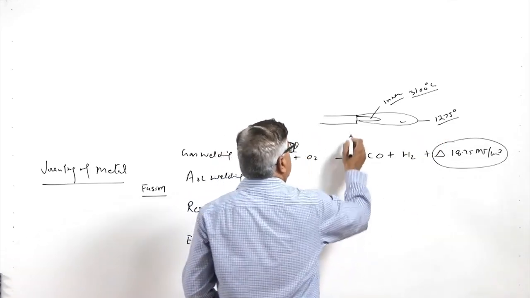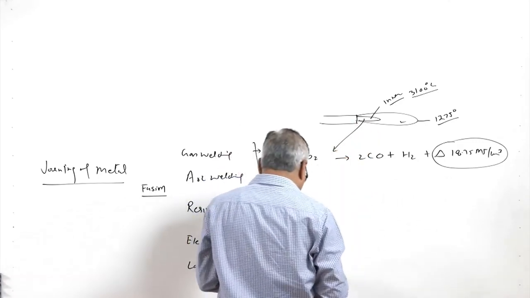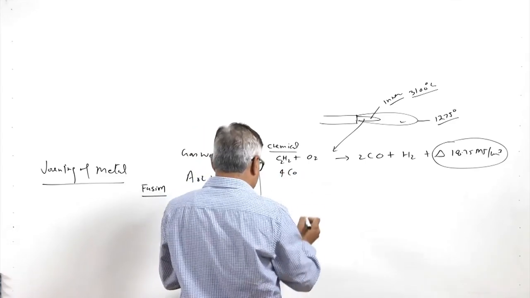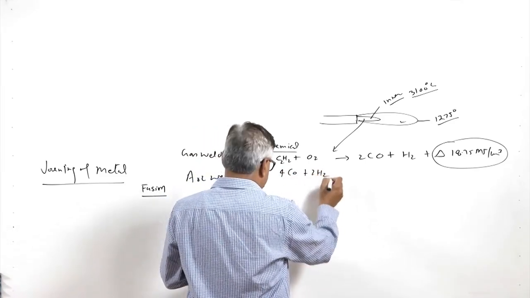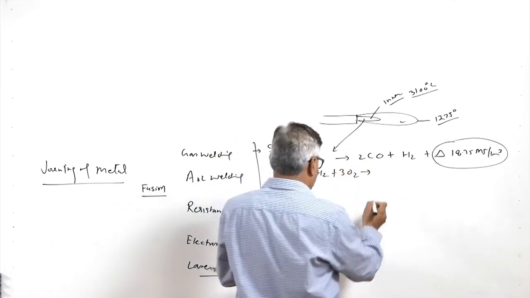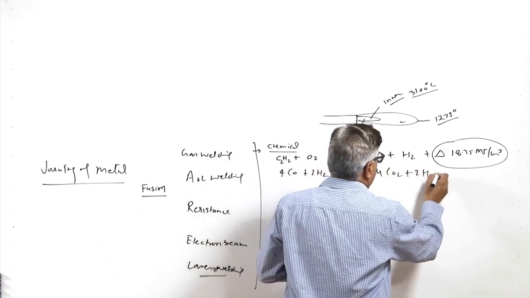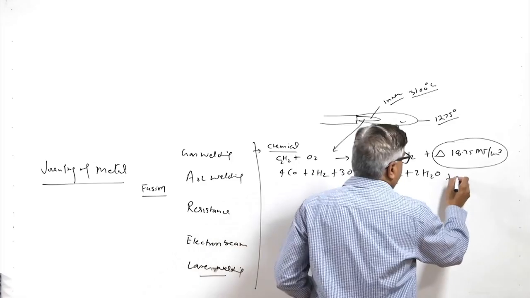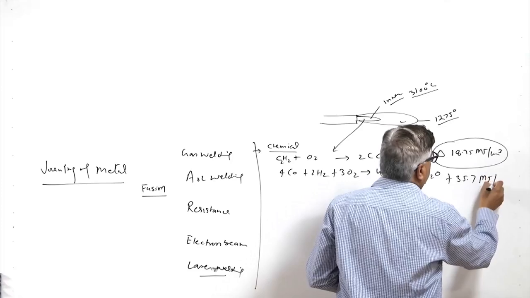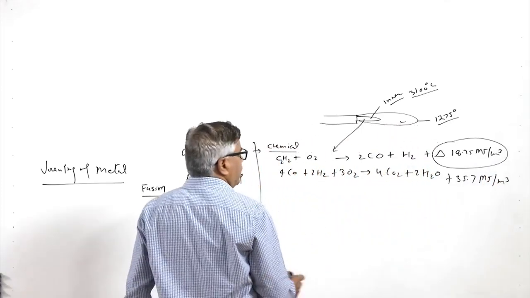This kind of reaction takes place in the inner cone, while the outer cone offers another reaction wherein more heat is generated, and the reaction is of this kind: 4 CO2 plus 2 H2O plus a lot of heat, like 35.7 megajoule per meter cube of acetylene.